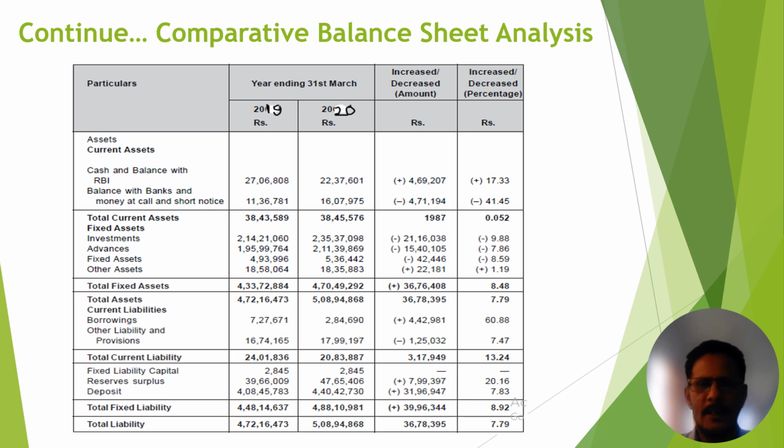As it is the same, you can check total current liabilities in year 2020. The value is 20,83,887 and in year 2019 this value is 24,01,836. It means in total current liabilities, the value is also increased from 2019 to 2020.